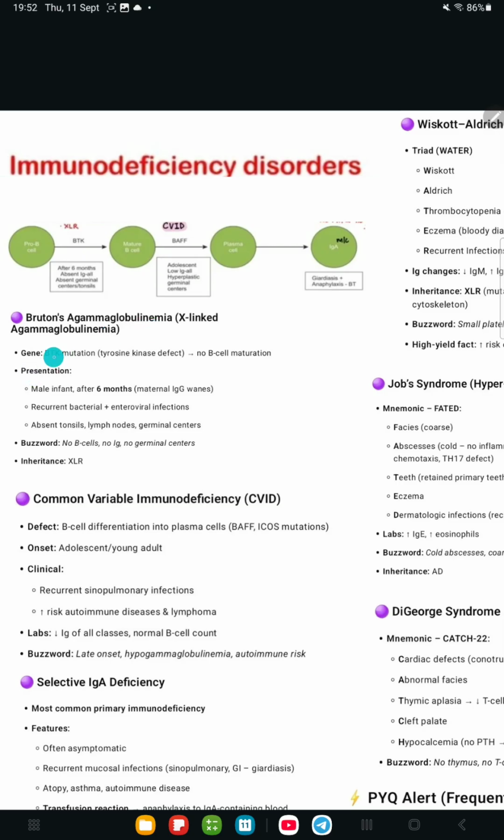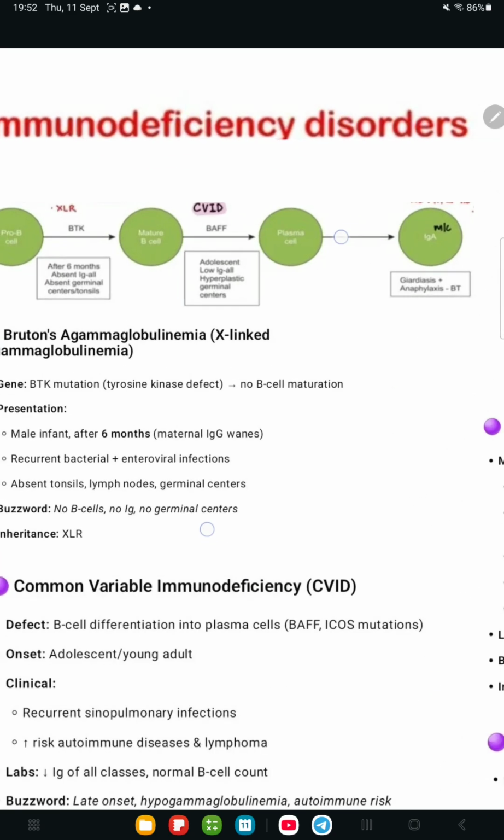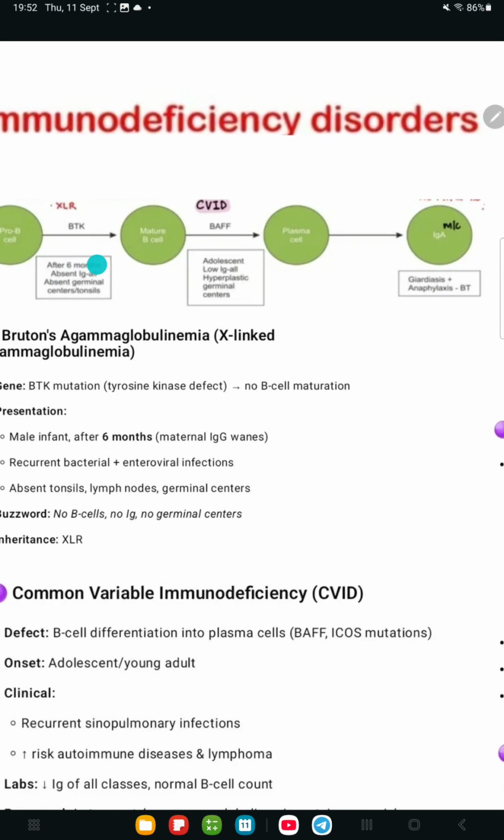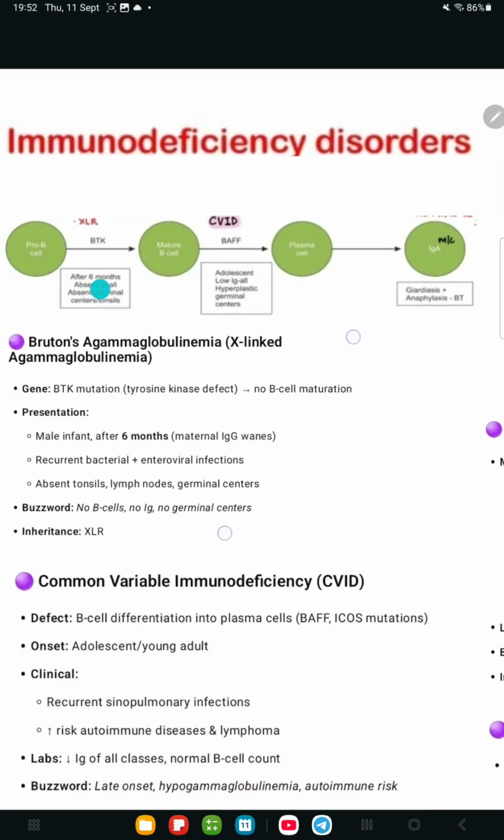So here what is happening? We have to remember that this is a BTK gene mutation. This tyrosine kinase defect leads to no B cell maturation. No cell will get mature. So here it is written: after 6 months, absent immunoglobulins, absent germinal centers and tonsils. What does it mean?